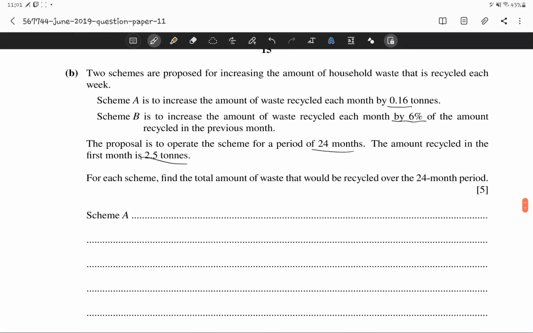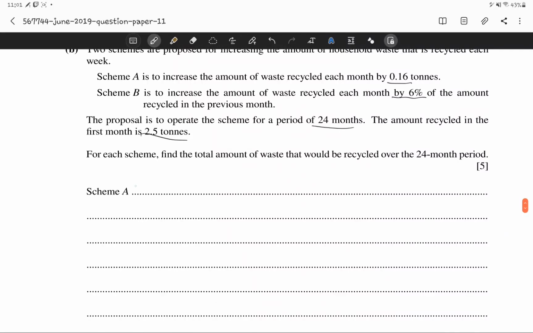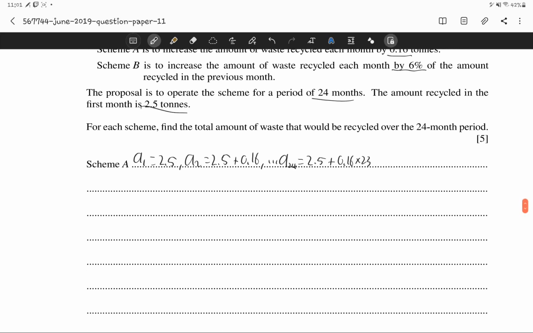Okay, so let's say the first month is like this, equals 2.5. A2 equals 2.5 plus 0.16, and then you keep on going, and A24 equals 2.5 plus 0.16 times 23, right?